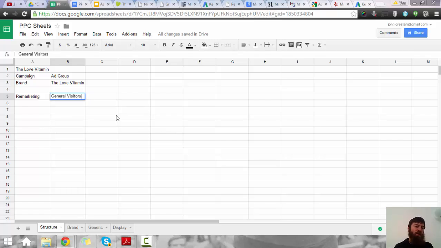You could go crazy and separate it out into general visitors and, you know, cart abandonments, but I'm just going to say all. That's generally better than nothing. I say start doing something, and then if it doesn't work out, you can start modifying this and make it more targeted.